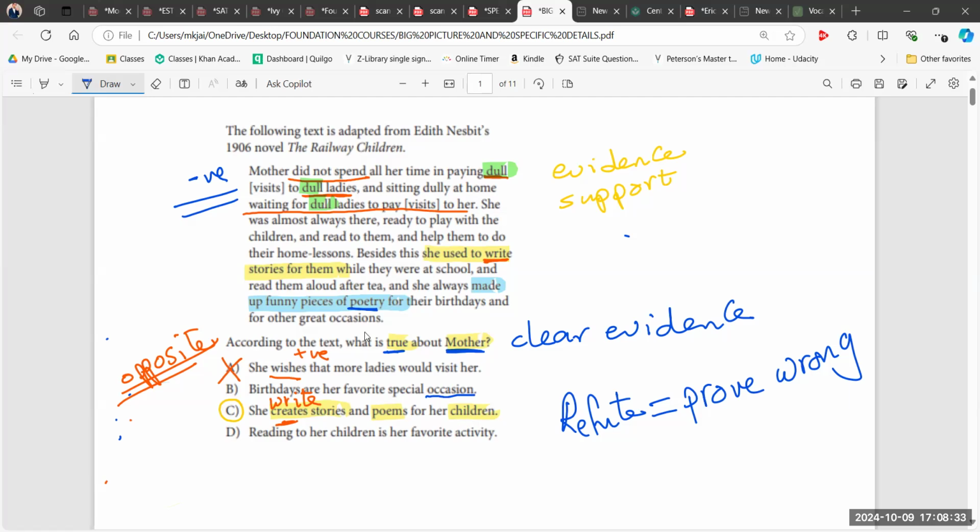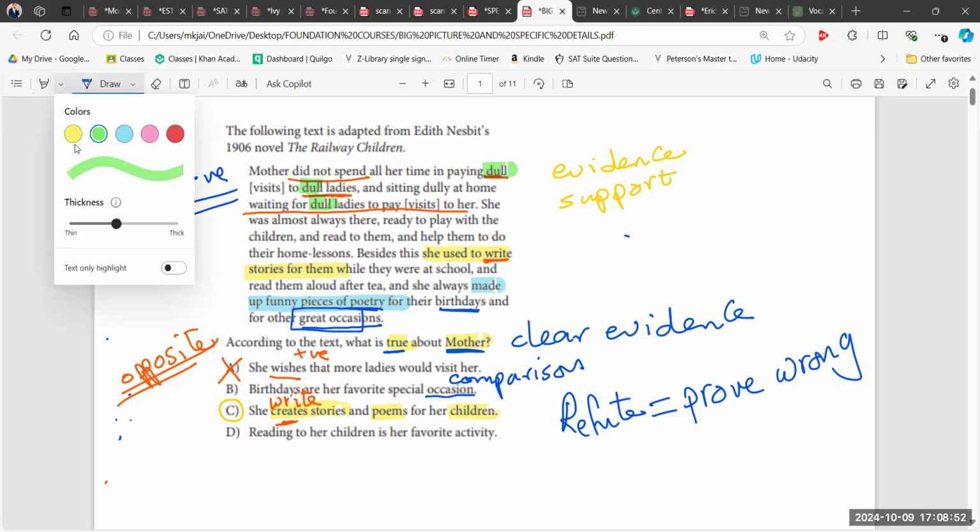Here it says, for their birthdays and other great occasions. But is any comparison being made to say that birthdays are her favorite? No, she says great occasions.